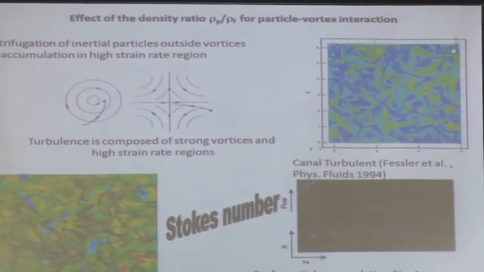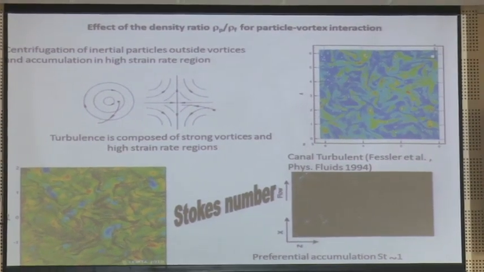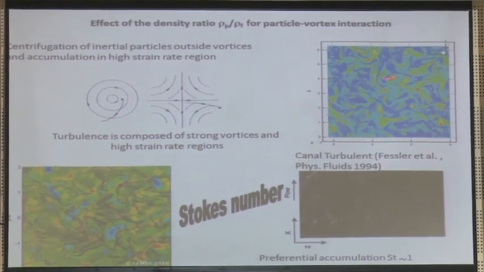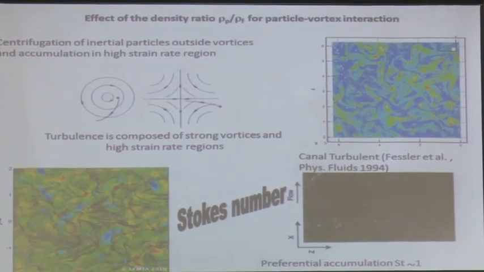This is what is plotted in these pictures. These are experiments that you cannot see very well, and these two are simulations. These are simulations and experiments of turbulent flows, and we look at the particle positions at one time step.